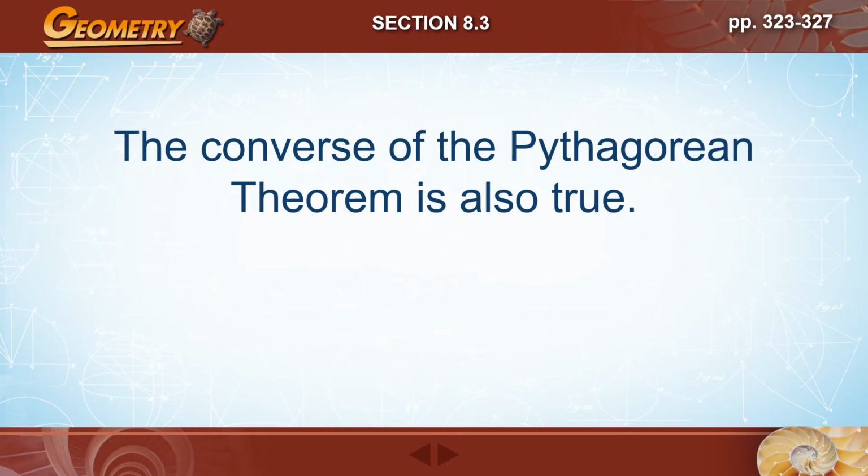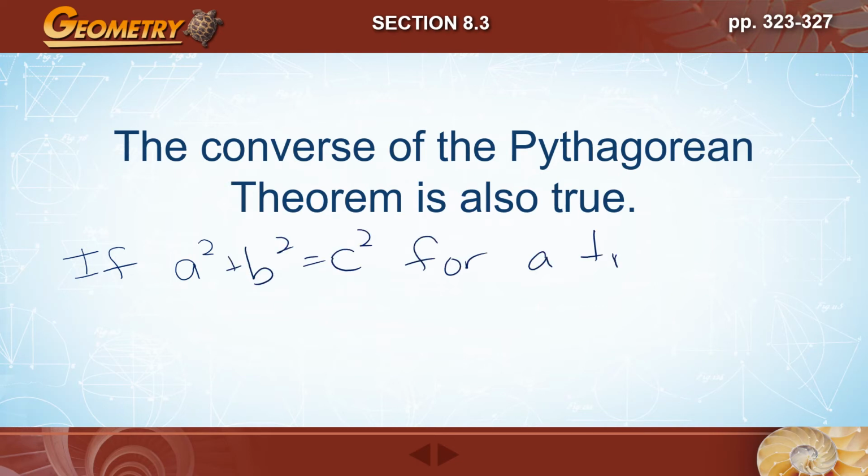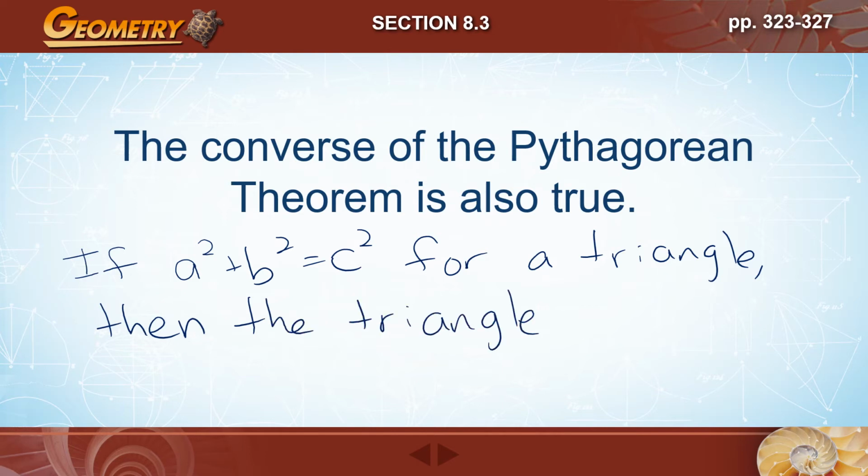The converse of the Pythagorean theorem is also true. Remember the converse is kind of like saying it backwards. So what we can say is, if a squared plus b squared is equal to c squared for a triangle, then we have an if-then statement, then the triangle is a right triangle.